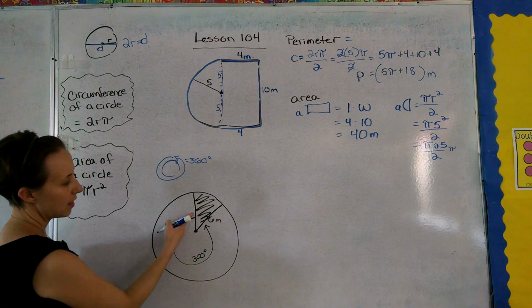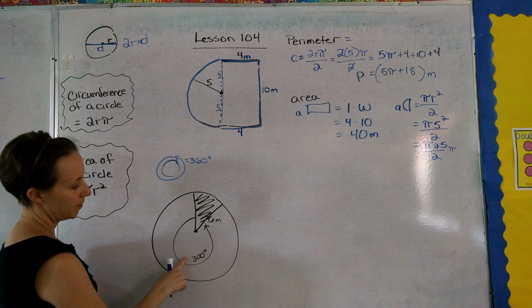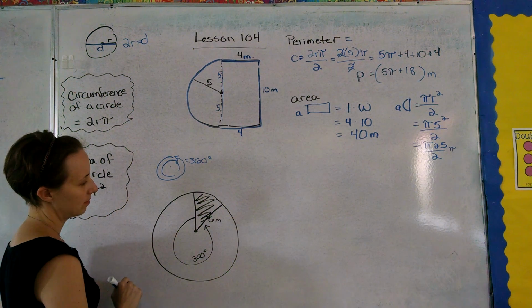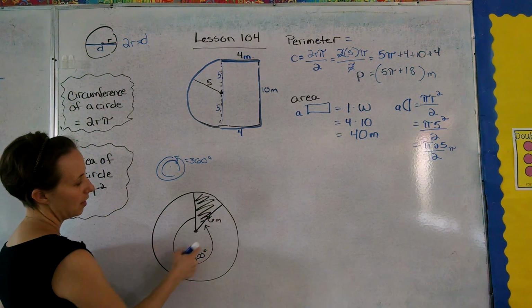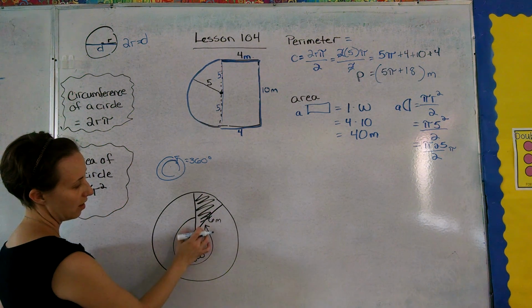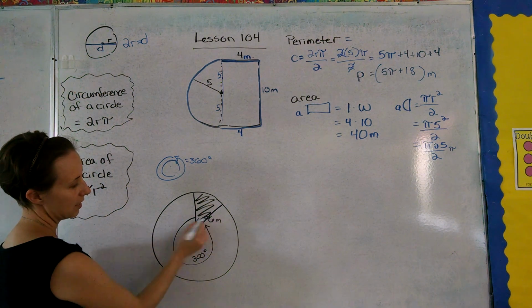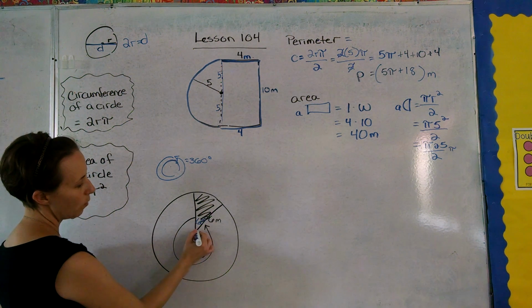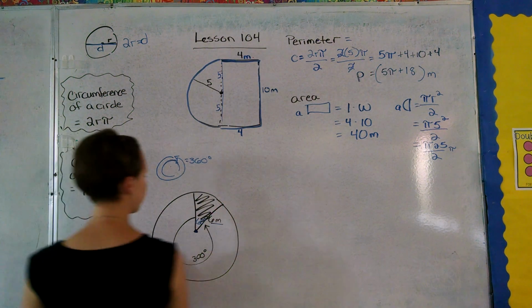This tells me that the distance around the circle from one side to the other side is 300 degrees. That means that this remaining distance must be 360 minus the 300 here. This must be 60 degrees, this little slice. And then I have a radius. I know that from the center to the outside is 6 meters.